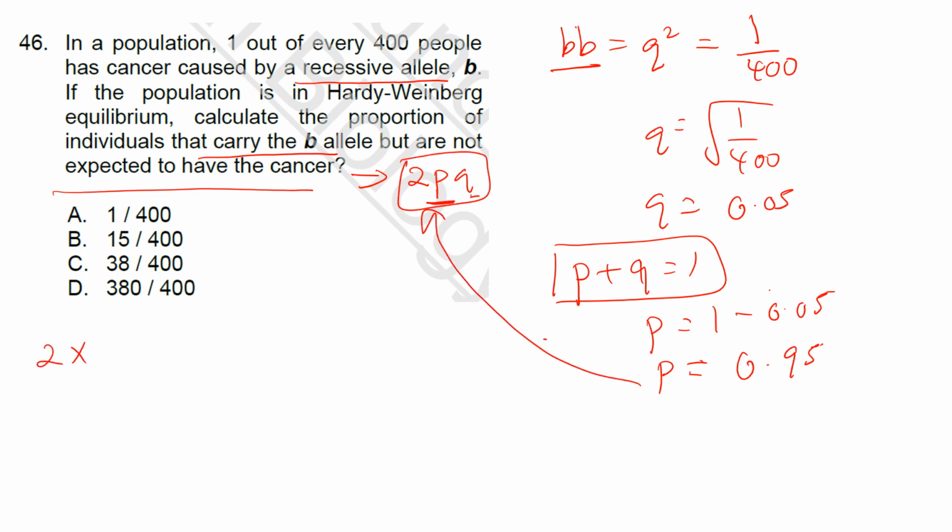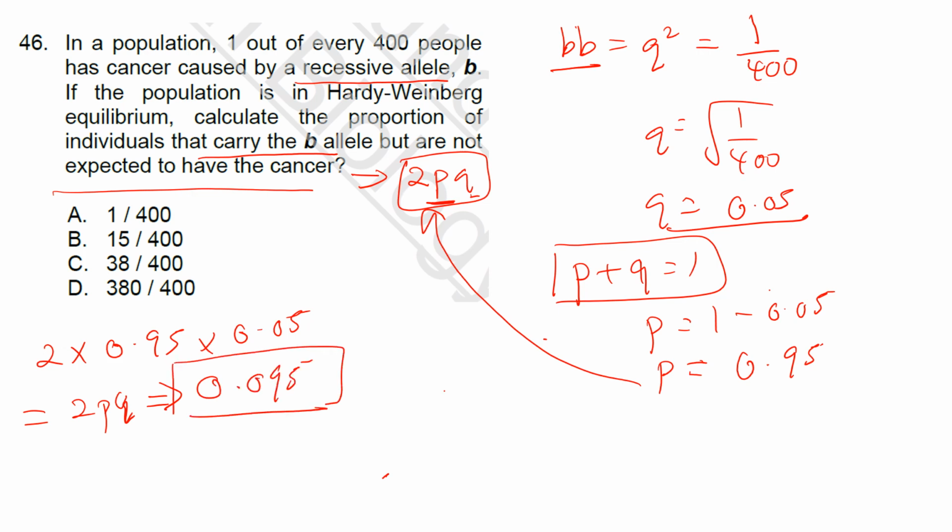Okay, so you just insert all these values into this formula: 2 times 0.95 times 0.05. So 2PQ, the frequency of heterozygous, would be 0.095.